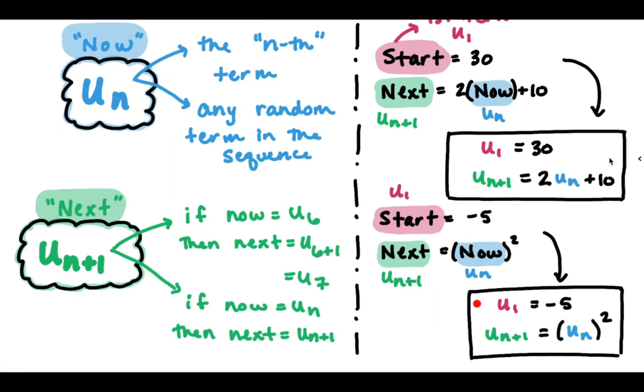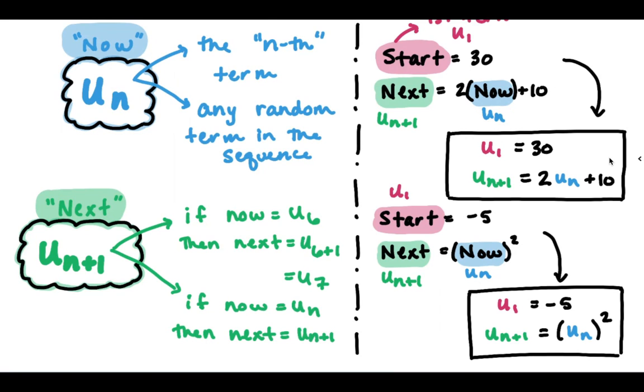So this symbolic statement is our math way of writing the first term is -5. And then down here, what we're saying is, okay, you're at a random place in the sequence. You don't know where you are in the sequence, you're just at a random place.